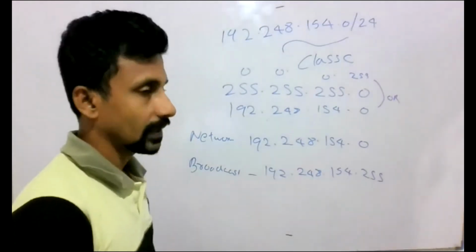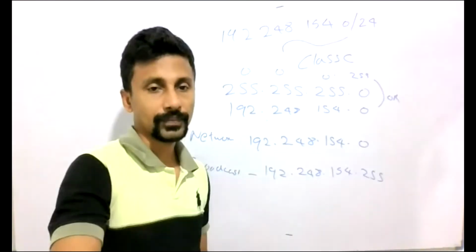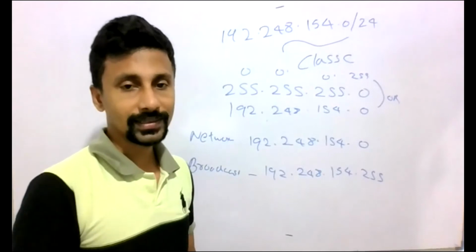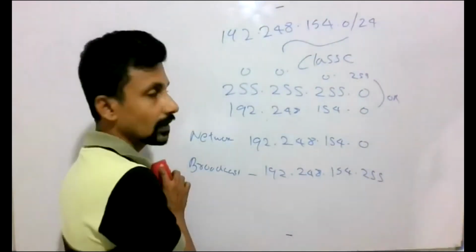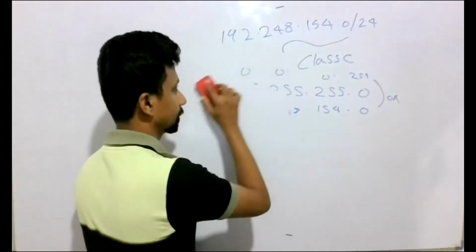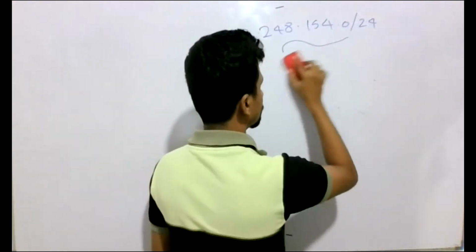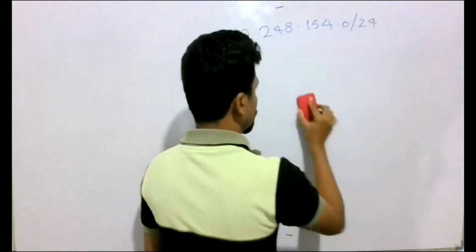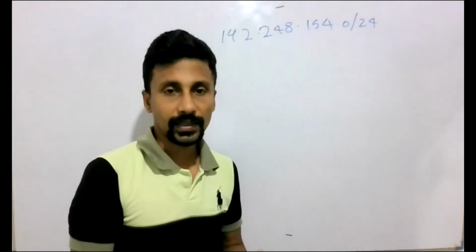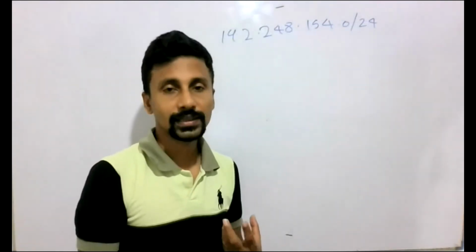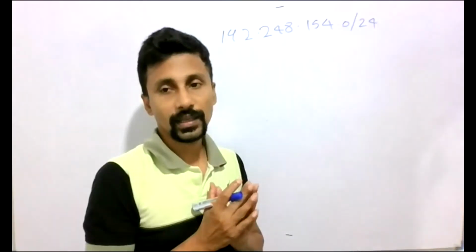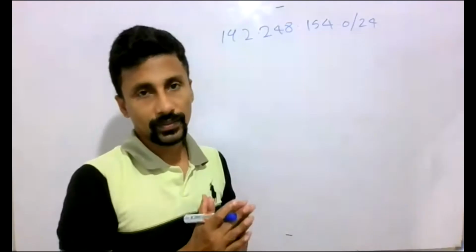Then in the question they want to create 6 subnets. I will erase this part. This is 24, class C, the number of network bits.